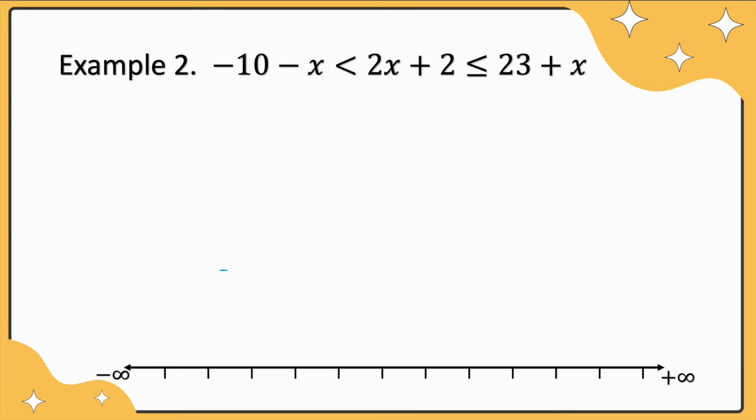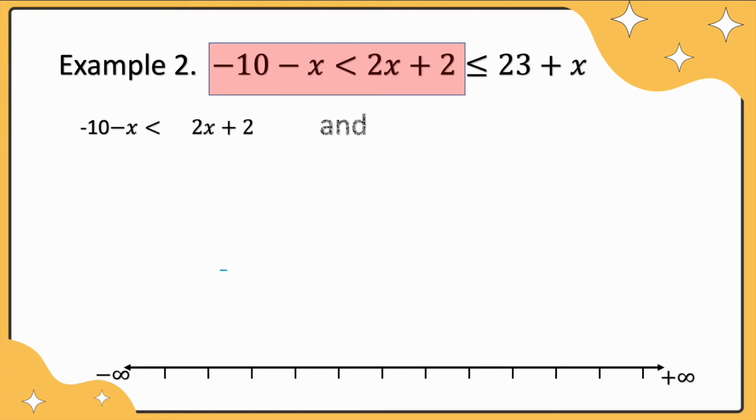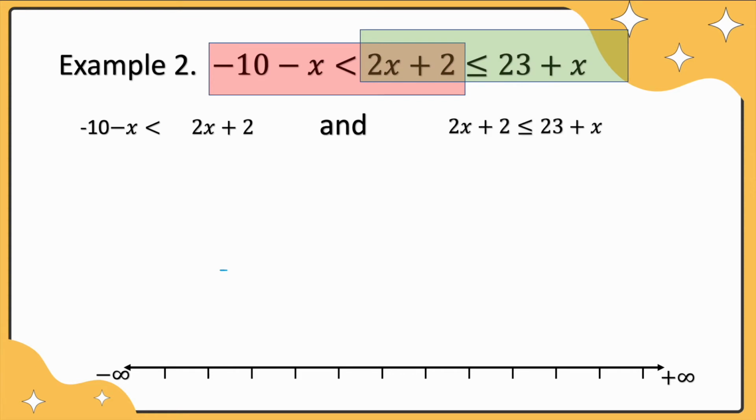For that, let's split this double inequality into two separate inequalities. So that is negative 10 minus x less than 2x plus 2, and 2x plus 2 less than or equal to 23 plus x.